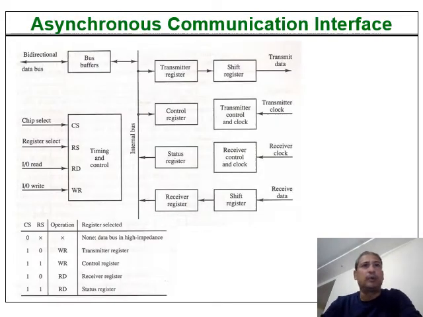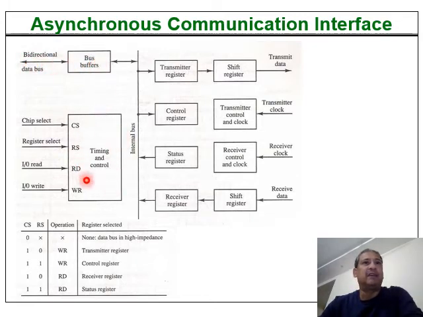Let's put it all together. The diagram that you see is an asynchronous communication interface. See this diagram carefully. On this side we have the CPU, on this side I have the device. We have the bidirectional data bus connected to the bus buffers.